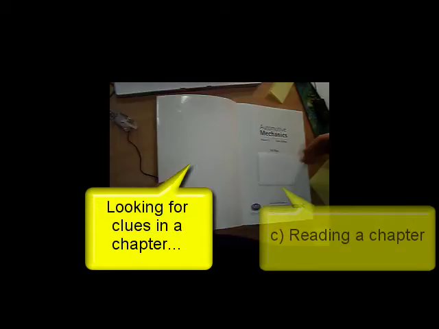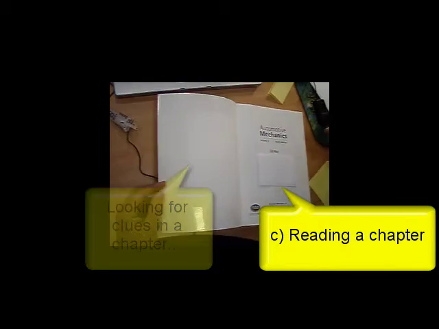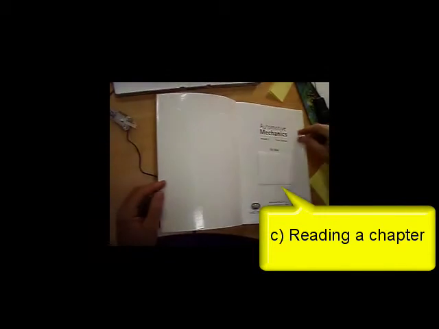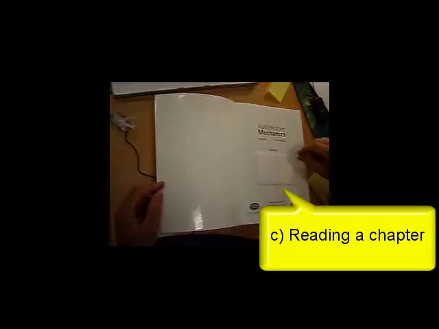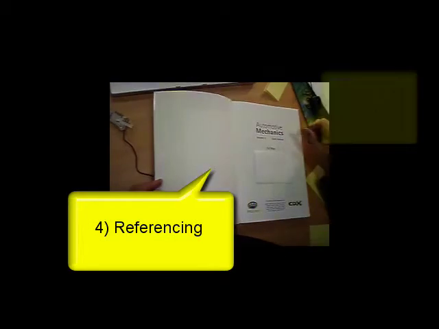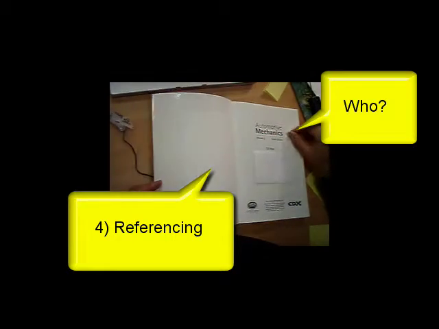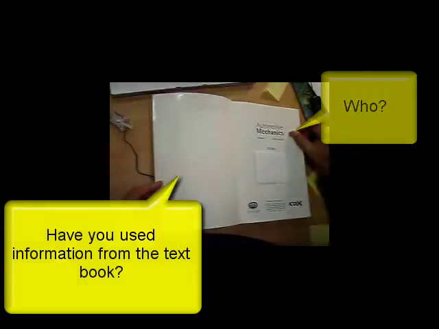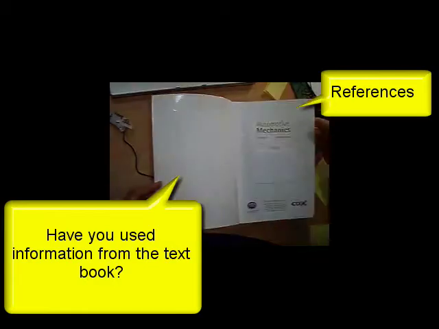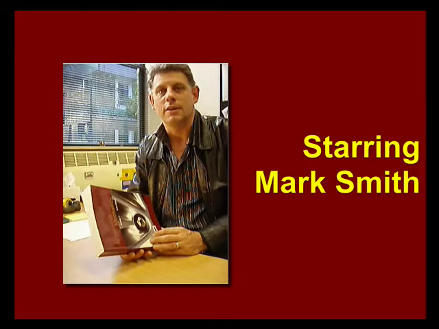You need to be able to find your way around the page and the paragraphs and the chapters, and you can be helped in this by the headings and the pictures and the diagrams. You can also make use of the glossary to help you understand words that are unfamiliar to you. And the fourth thing that you can do is, when you come to use the information in the textbook, to reference it and to tell the reader where you got it from.